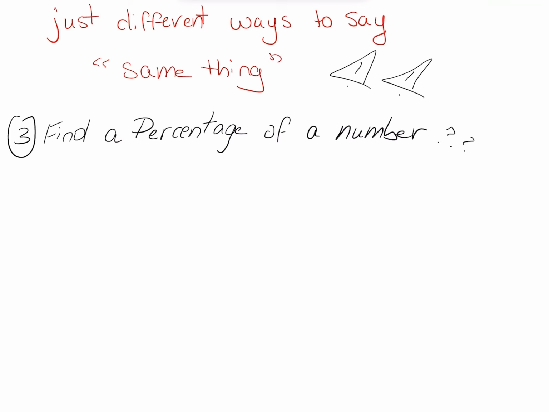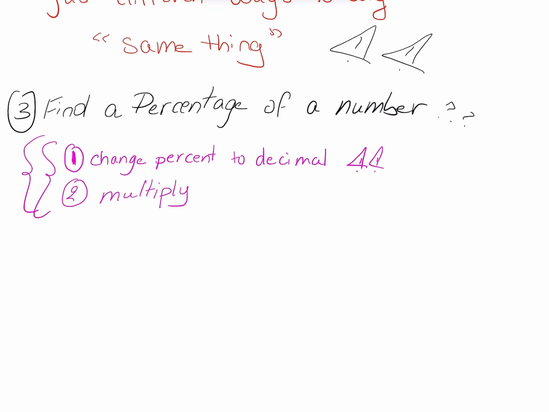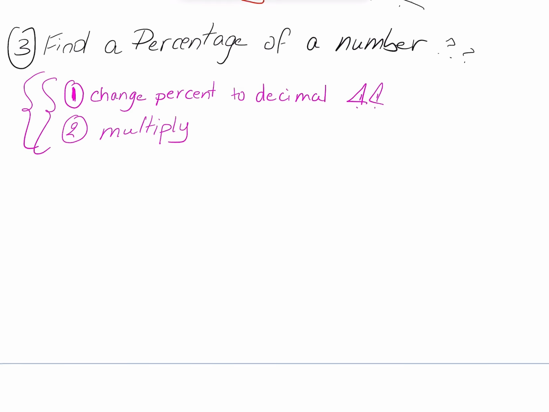To find the percentage of a number, the first thing that you need to do is change percent to decimal, right? This is very important. You need to change percent to decimal. Then you need to multiply. Please remember these two things. To find a percentage of a number, you need to change percent to decimal, then multiply.